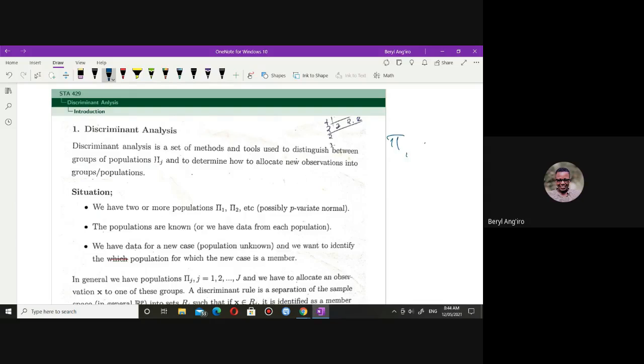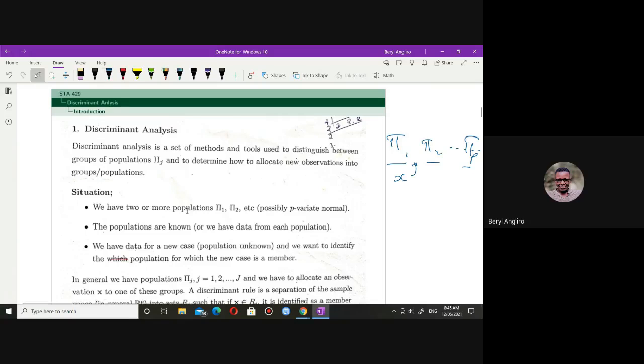So we have population 1, population 2, etc. up to population P, possibly all p-variate normal. Then the populations are known, so that means that we have data for each of these populations. Then we have a new case, for instance a new variable x, that we want to identify which of these populations this x belongs to. So this is what we call discriminant analysis.